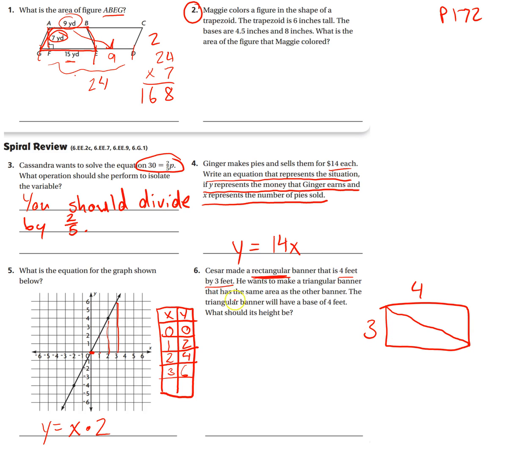He wants these two to be the same. So the base of this triangle would be 4 and the height would be 3. So what should the height be? 3 feet.